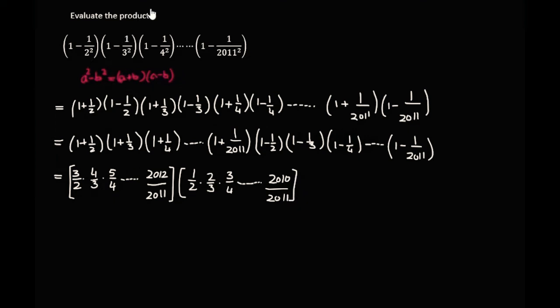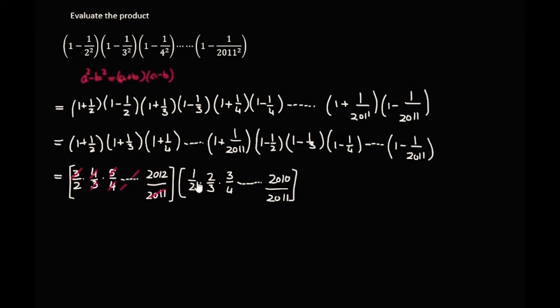When you cancel all the terms, this 3 will cancel with this 3, this 4 will cancel with this 4, and this 5 will cancel the term next, and 2011 will cancel the term before it. We are only left with 2 and 2011.